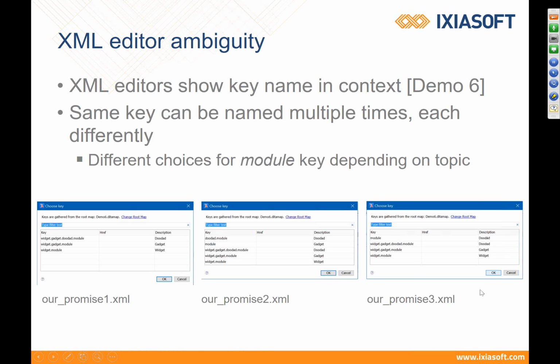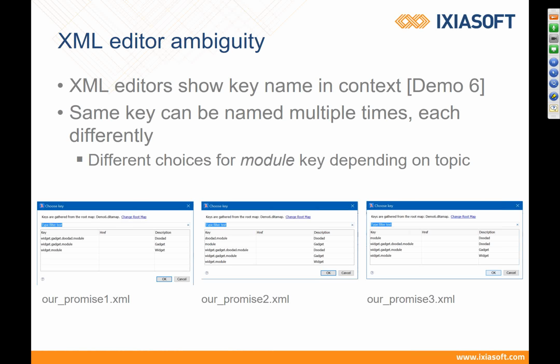So the point that I want to make here, and the point that those of you who are going to be working with this will have to think about and plan and make sure your authors understand, is that there are different implications for what they choose in this dialog.